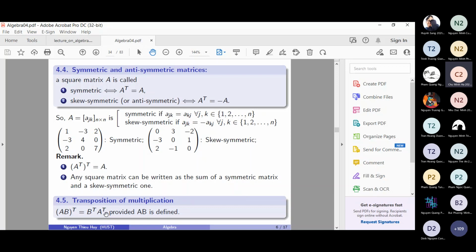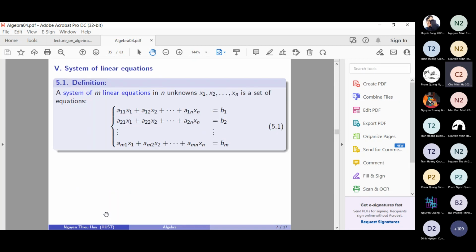Now we go to the first application of matrix multiplication, which is application to systems of linear equations. So you can see here I give you the definition of a system of linear equations. Actually, in high school, you already learned some simple version of that system, you know?